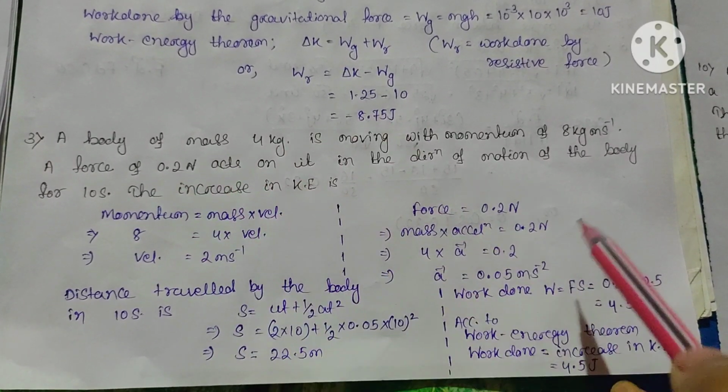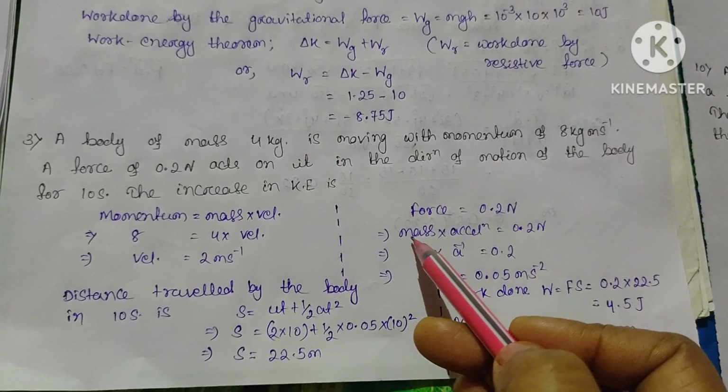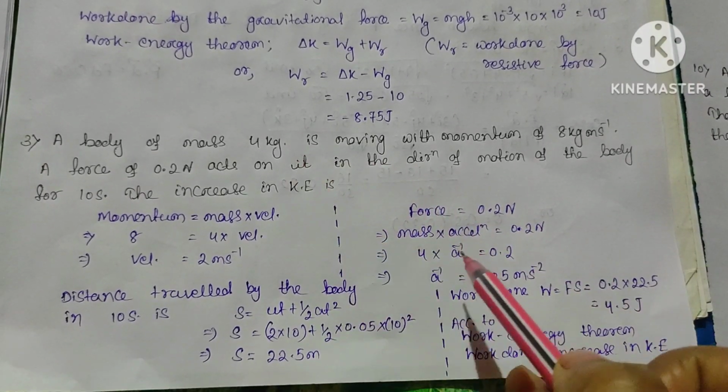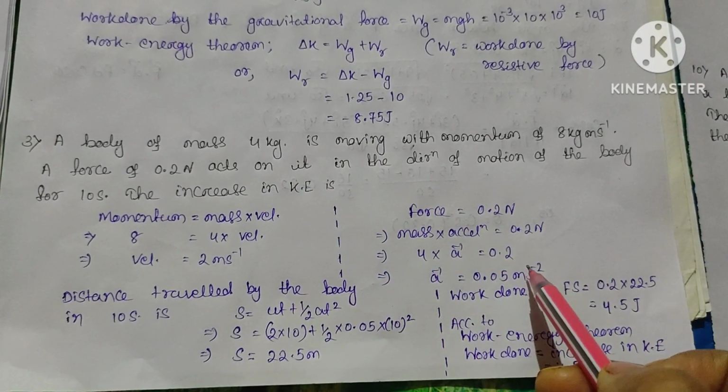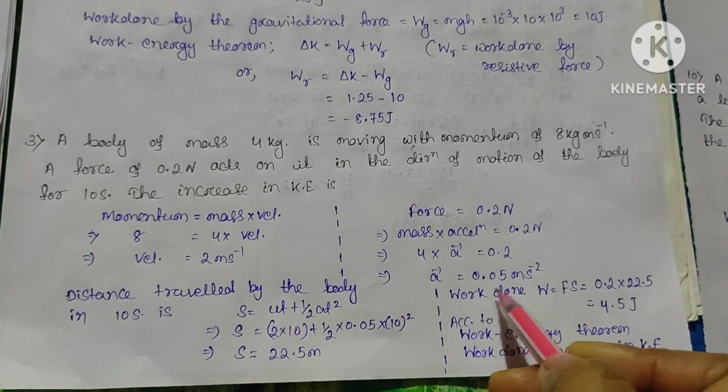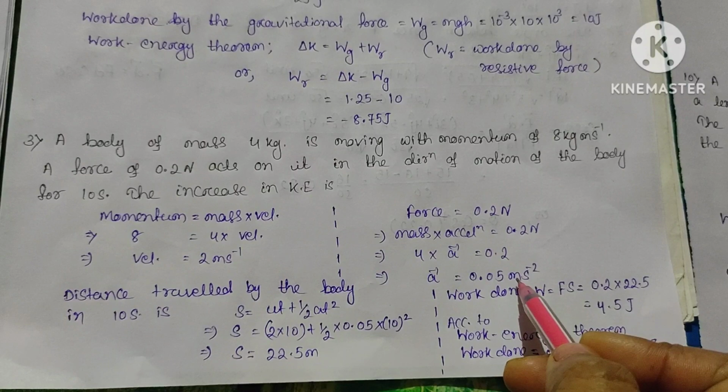Again, force is given as 0.2 Newton. Force equals mass into acceleration, so 0.2 Newton equals mass 4 kg into acceleration. So acceleration will be 0.2 by 4, that is 0.05 meter per second square.